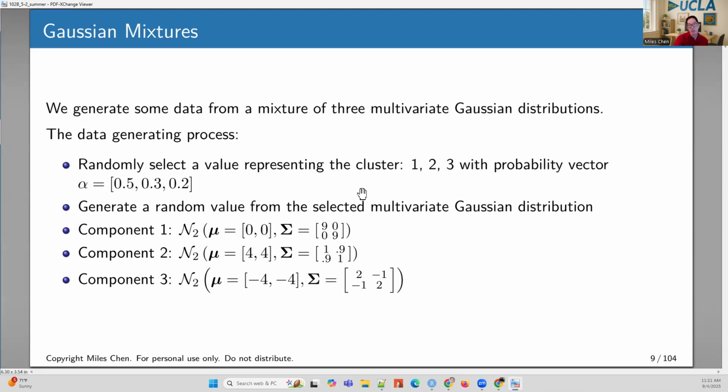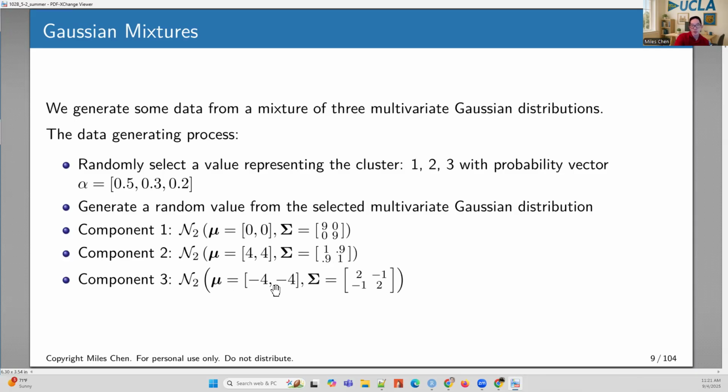Then once you decide which cluster it's coming from, you're going to generate a 2-dimensional point. Cluster 1 is centered at 0, 0, and has variance 9, 0, 0, 9. So no covariance between x1 and x2, but a lot of variance there. Component 2 is centered in the upper right corner at 4, 4, and it has this variance with high covariance between x1 and x2.